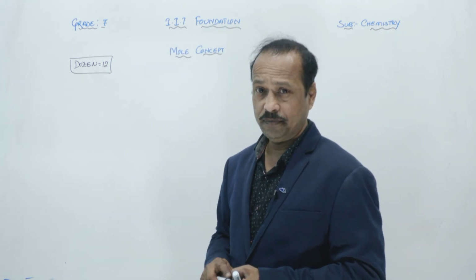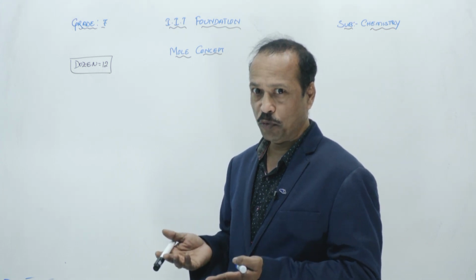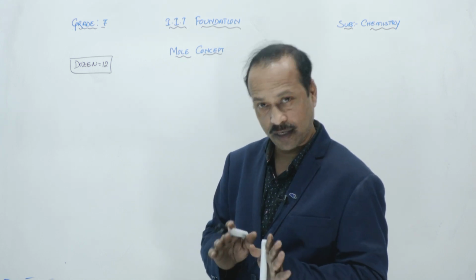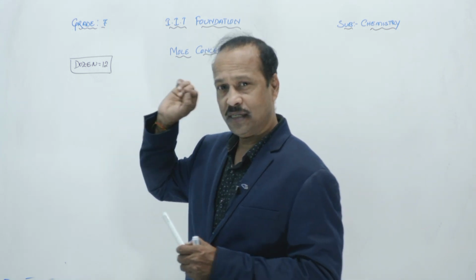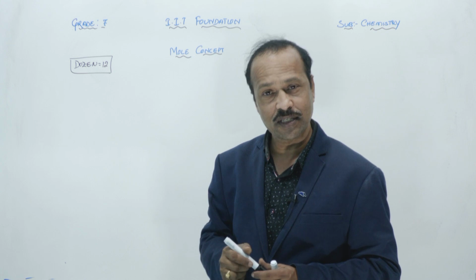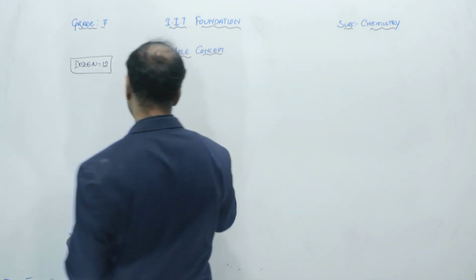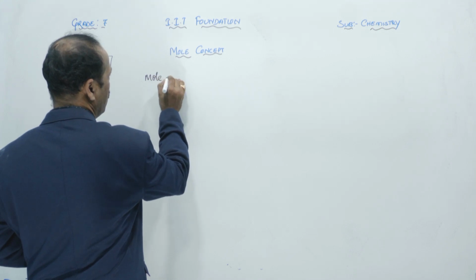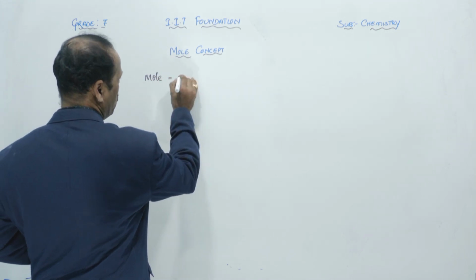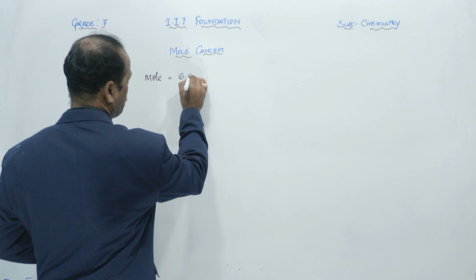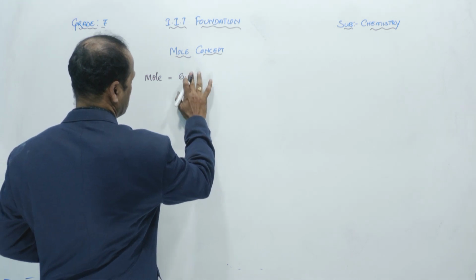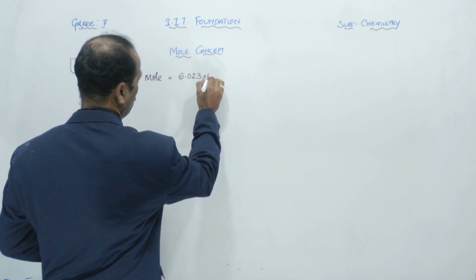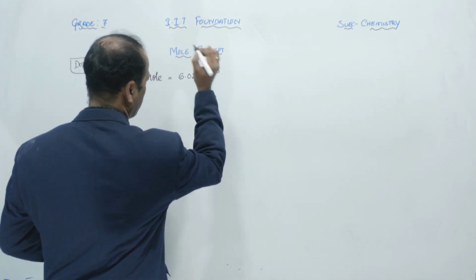Two dozens of pomegranates is 2 into 12, that is 24. So just as a dozen is a fixed number, 12, similarly a mole consists of 6.023 into 10 to the power of 23.